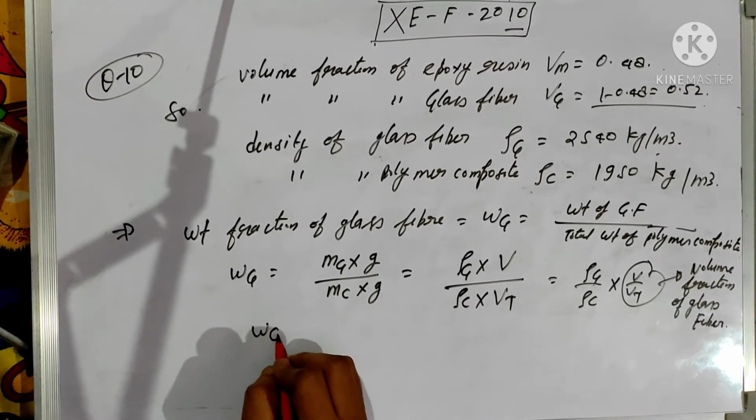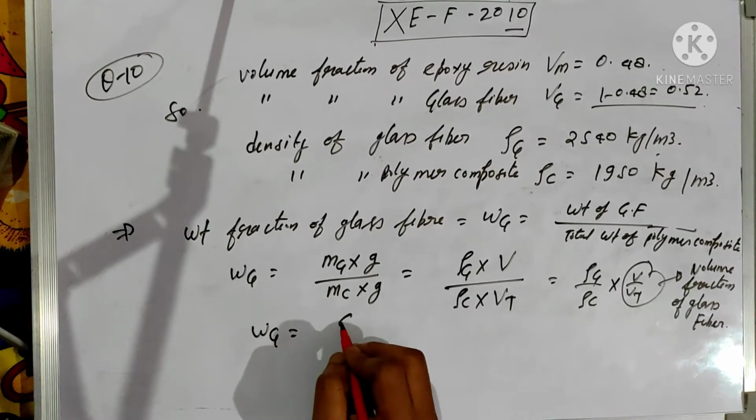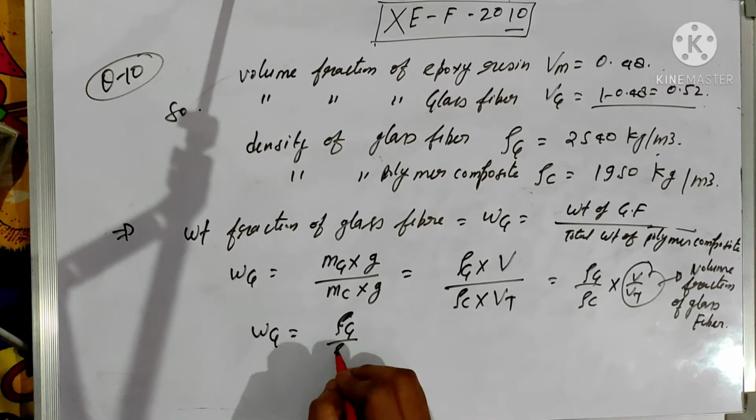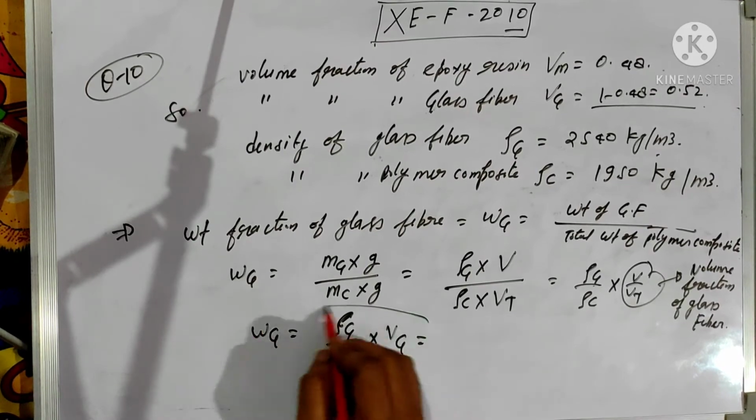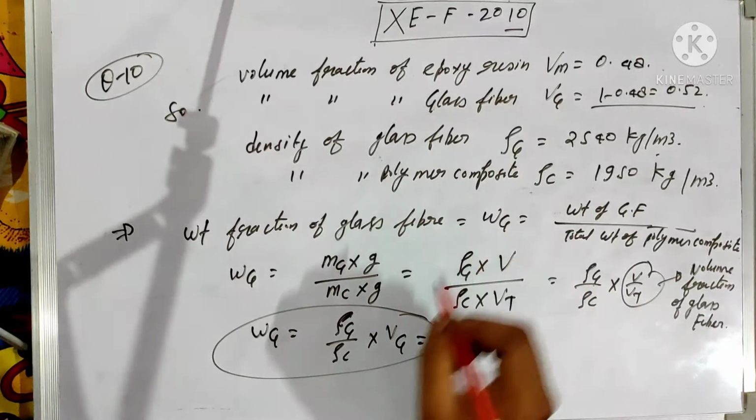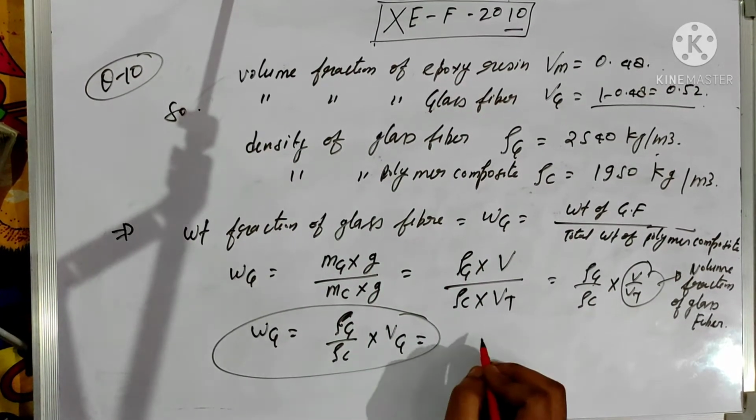Now the weight fraction of glass fiber is given by rho g divided by rho c into Vg. Put the values of rho g, rho c and Vg, then calculate the weight fraction.